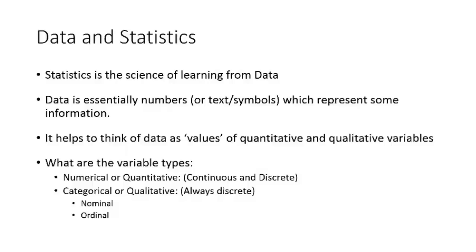Let's take all the people who've registered for this course from within India, which should be the bulk of them, and the variable we're interested in is which state you are from. So that's the variable, the state that you're from, and the values that this variable can take up are the different states of India.